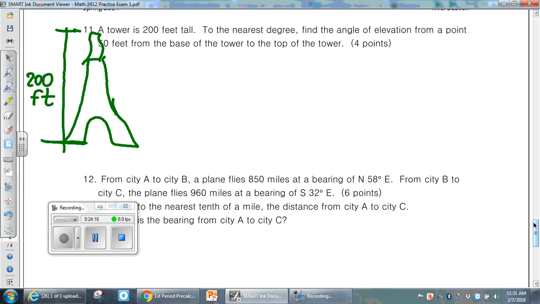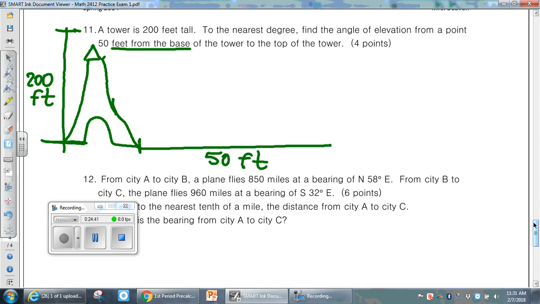And to the nearest degree, find the angle of elevation. So that's kind of like the problem you asked me earlier, right? And then right here we have 50. Just put a little 50 feet from the base of the tower. So let's pretend this is the base. From the base, we go 50 feet. And then we want to find the angle of elevation.